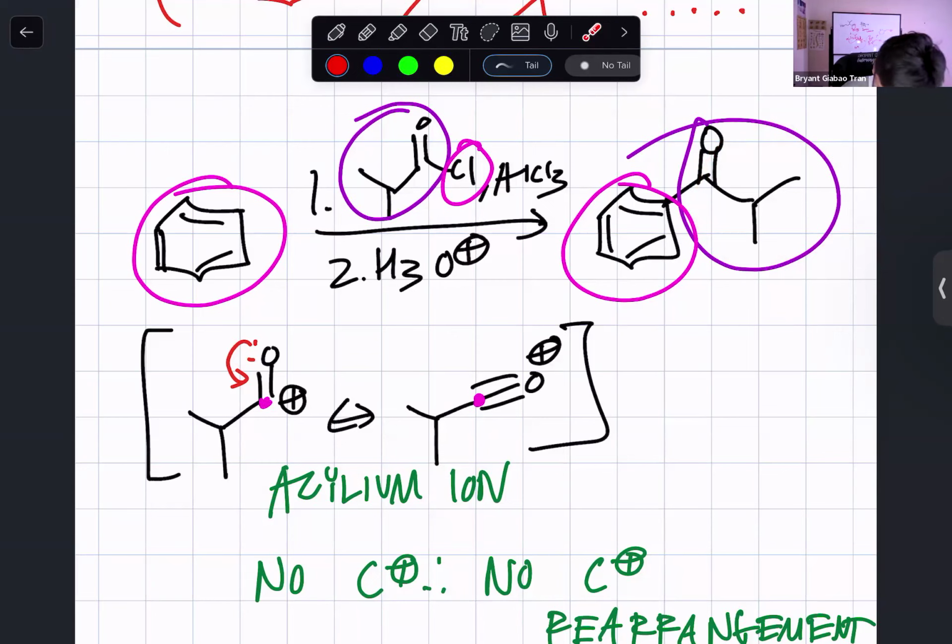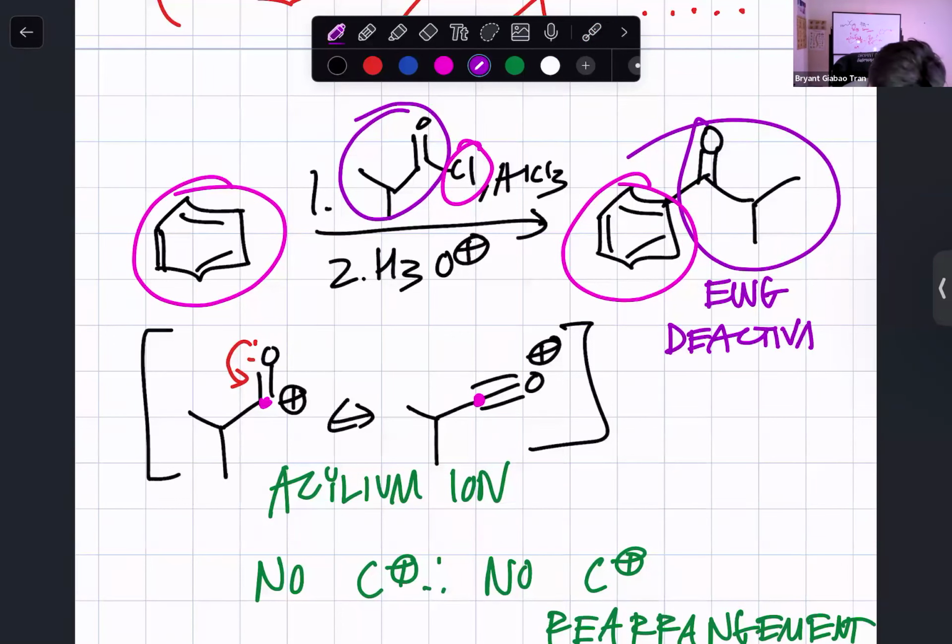Now, is this group here an activator or a deactivator? This group that we just added onto the benzene ring. It's an EWG, right? Which is an activator or a deactivator. This EWG here, it's a deactivator, right?